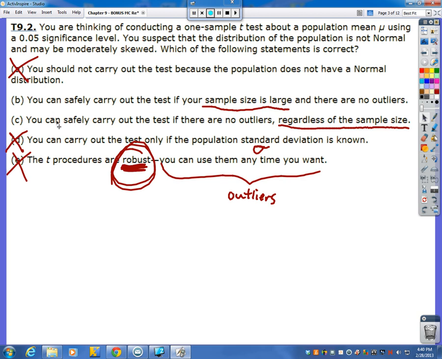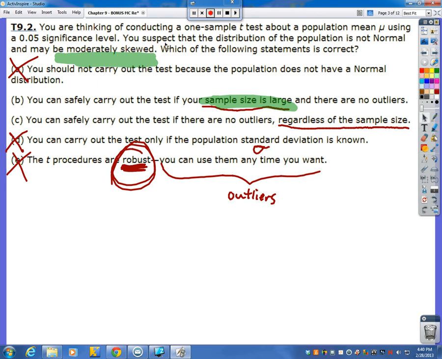Now, we're down to B and C here. What do you think would be the better option here? Having a large sample size, or who cares about the sample size? I would personally lean more towards, if I had the option, having a large sample size. That's what I would prefer to go with here, especially since it says our population is moderately skewed. Okay, now that doesn't mean it's strongly skewed, but it's moderately.